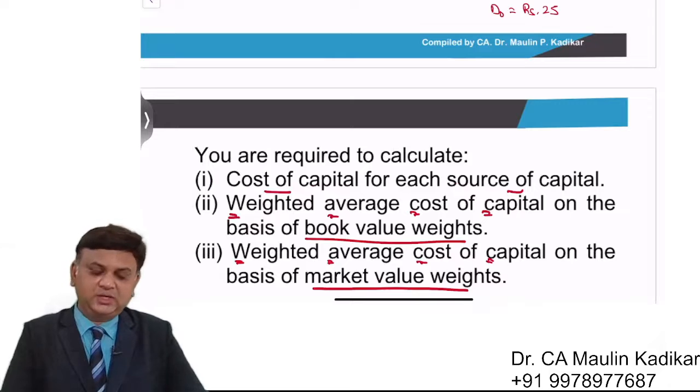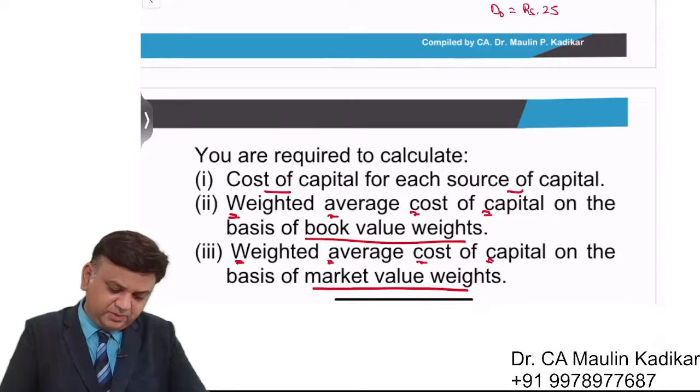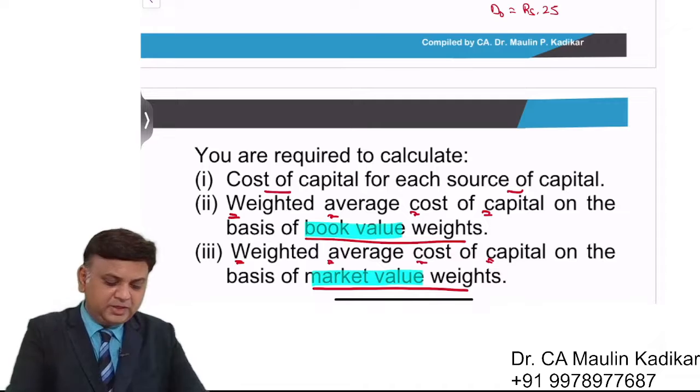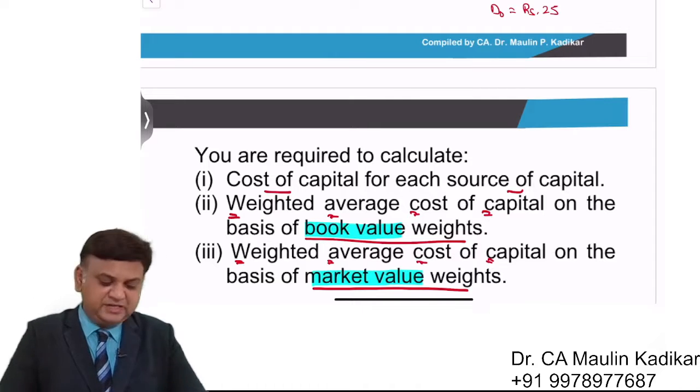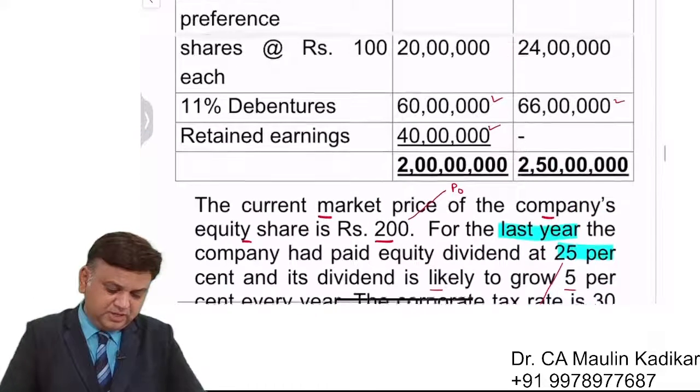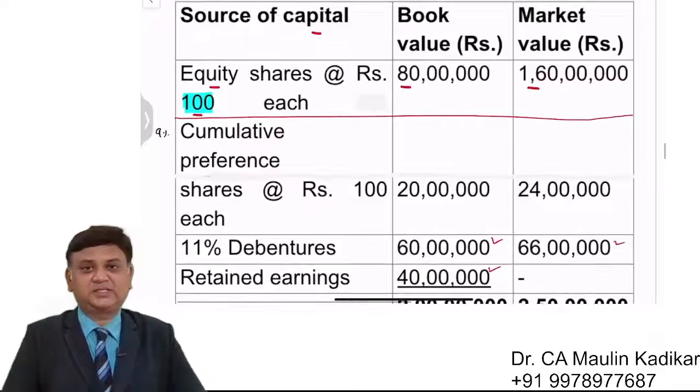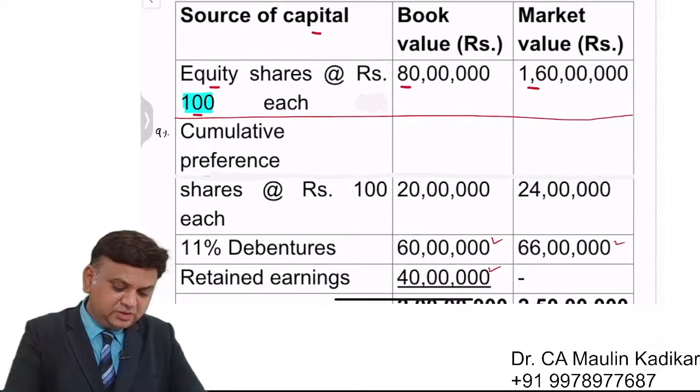Dear students, over here we can see that the question says we are required to calculate the WACC using the book value weights and using the market value weights. So we understand that the weighted average cost of capital can be calculated on 2 bases, either based on the book value or based on the market value.